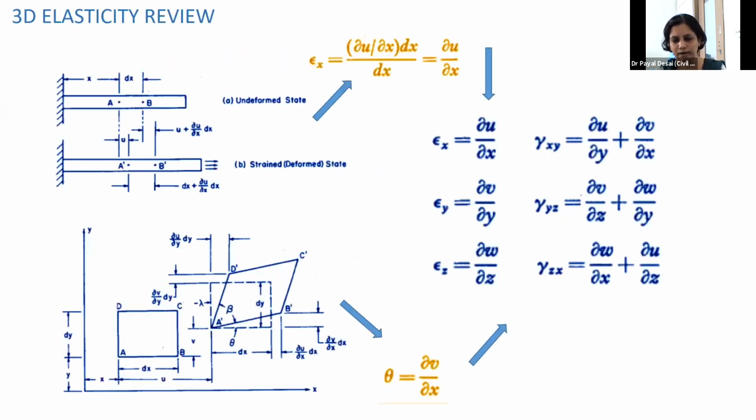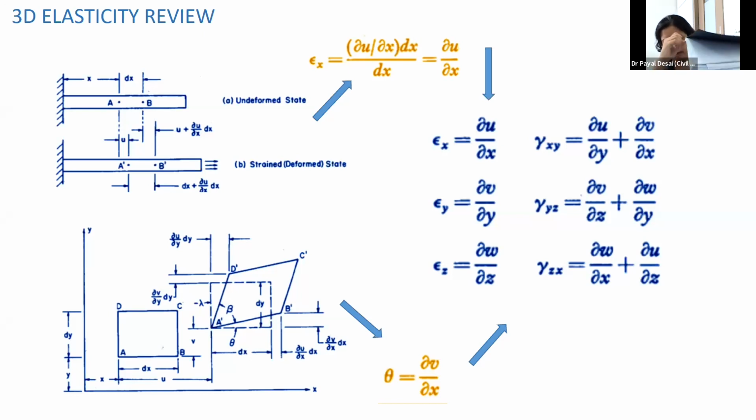Okay, before understanding the plate stress and strain components, it is essential to review basic elasticity. Elasticity is basically the mechanics of a three-dimensional solid body, where you understand the stresses and strains in three dimensions, and strains are completely geometry based.